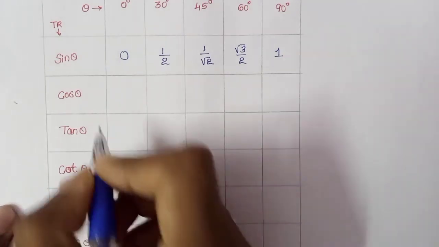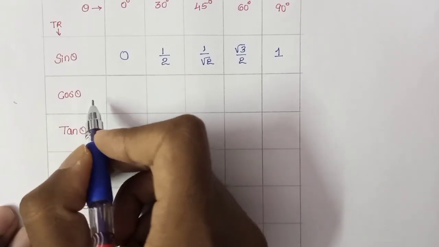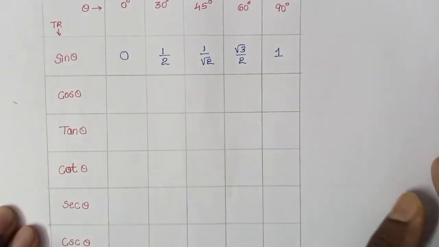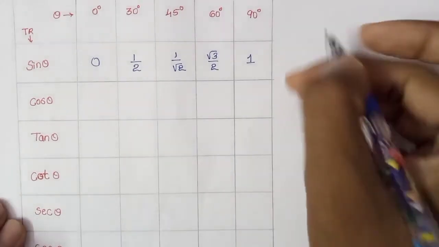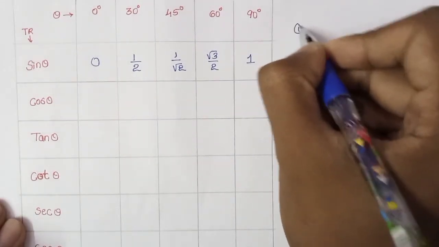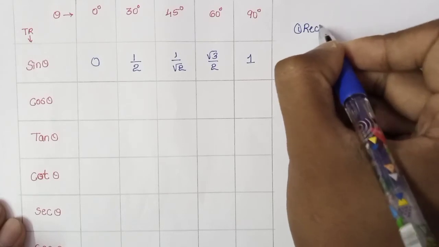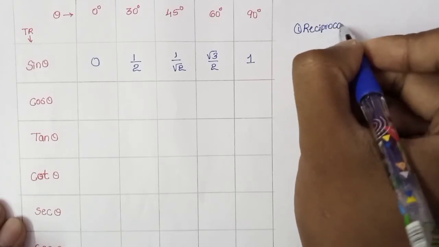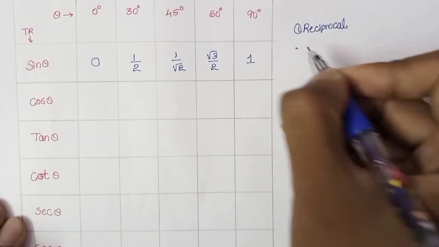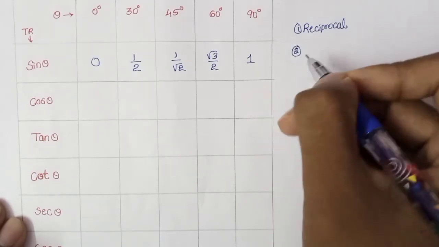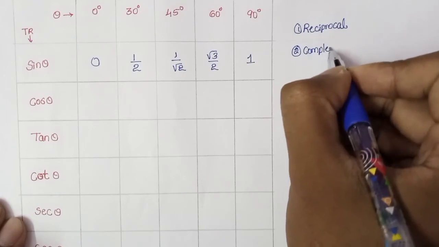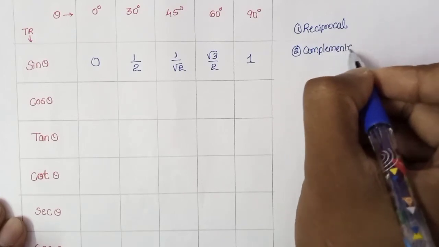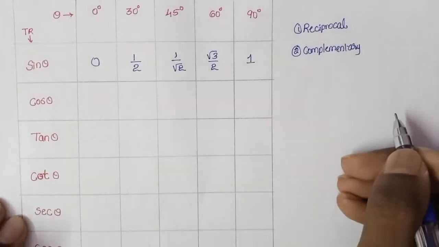And the next, cos. Remember there are two kinds of relationships. One is reciprocal relationship, and the second one is complementary relationship.